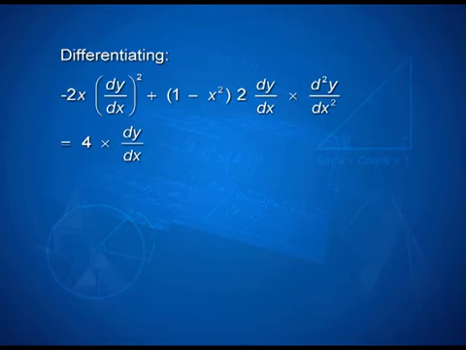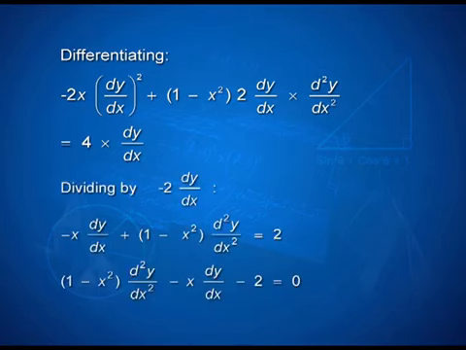What is left is just a simplification: divide by negative 2 times dy by dx and you get your required expression. This is definitely a better alternative to what you have possibly thought of, doing the differentiation directly and then verifying the expression.